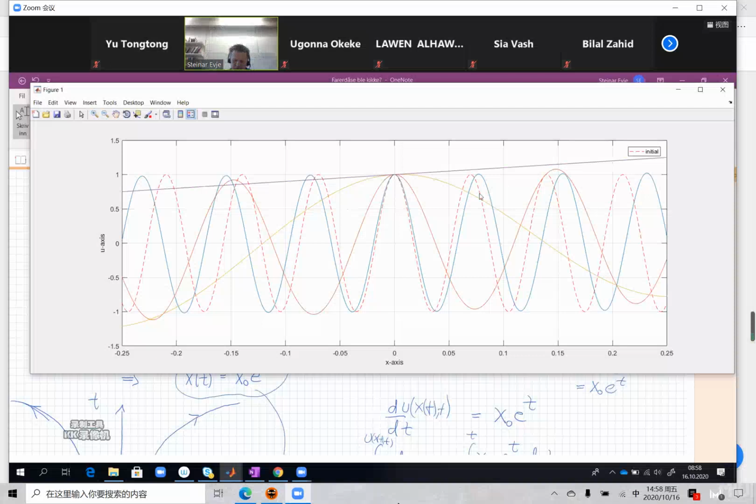So in this way, it's very useful to plot the solution and visualize what is the transport mechanism, and what is the effect from the source.